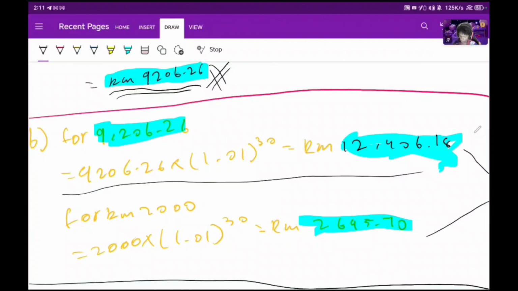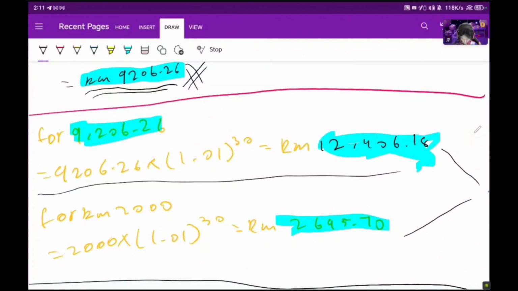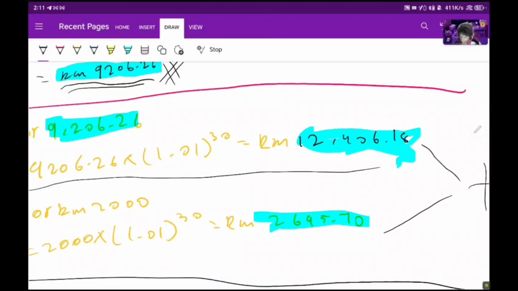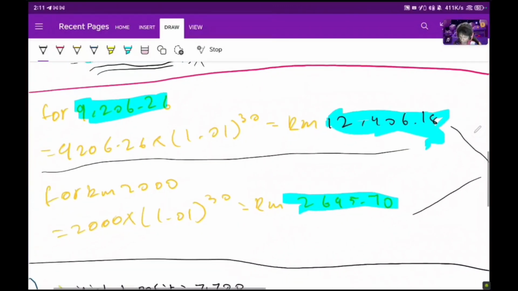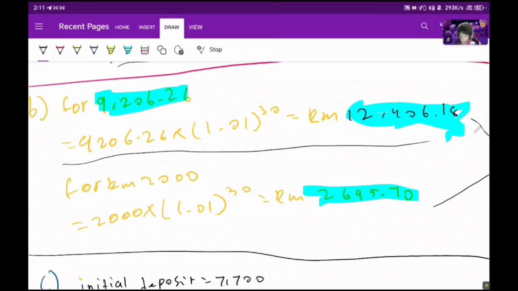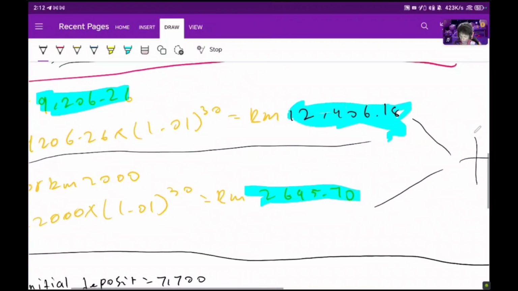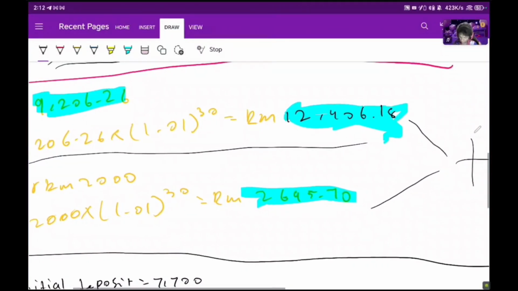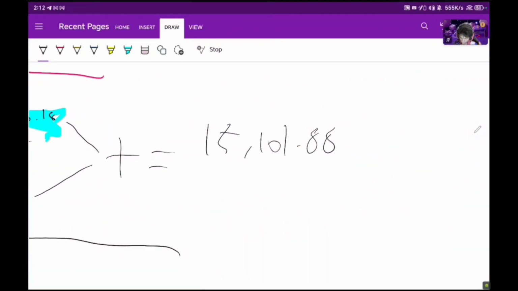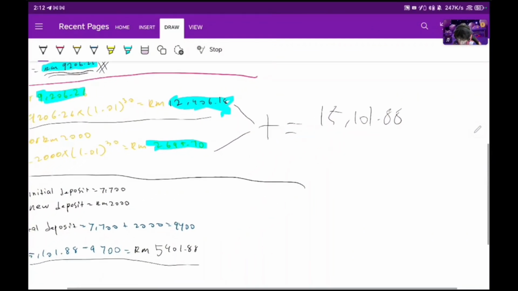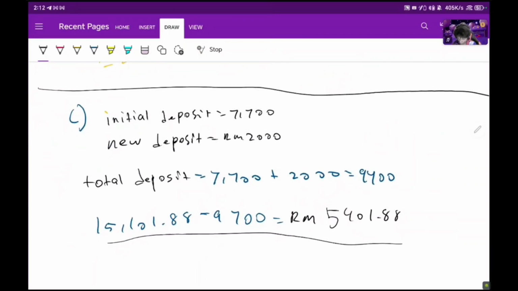The total becomes 12,406.80 cents. Then for the 2,000, I also multiply by 1.01 for 13 times and get 2,695.70 cents. And then I add both together, and the total after 5 years is 15,101.88 cents.